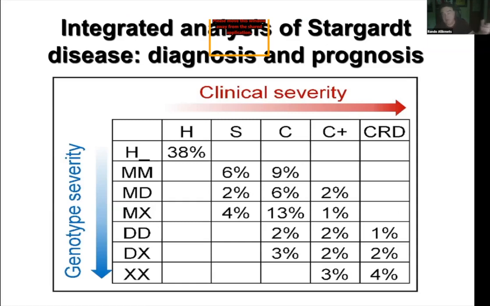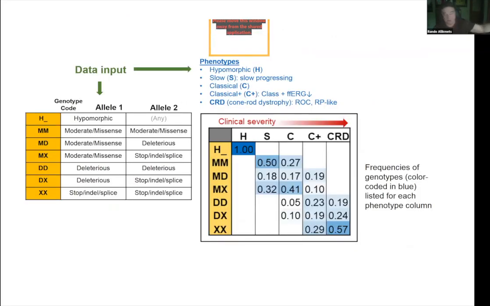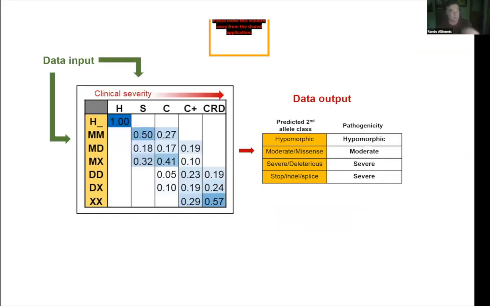And so we have made these matrices where we can predict how the disease develops based on the genetic knowledge. So we know what the mutation is, and we can predict the progress, the severity, and also separate specific subgroups for specific clinical trials.